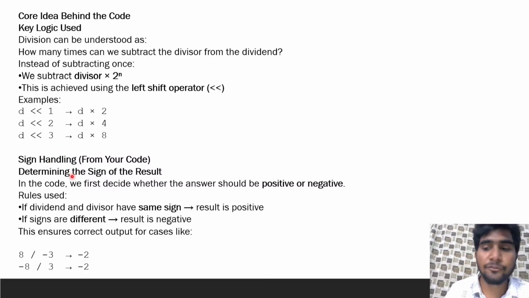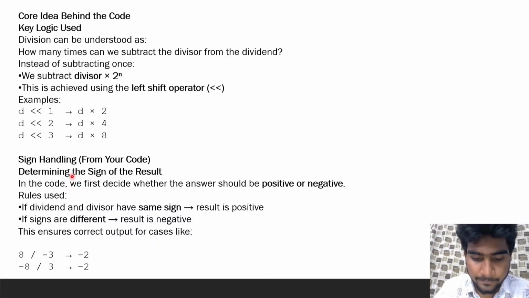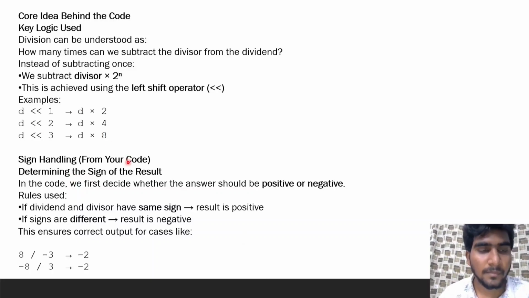Now how do we handle the sign in our code? In the code, we first decide whether the answer should be positive or negative. If dividend and divisor have the same sign, then the result is always positive. If they have different signs, then the result is negative.